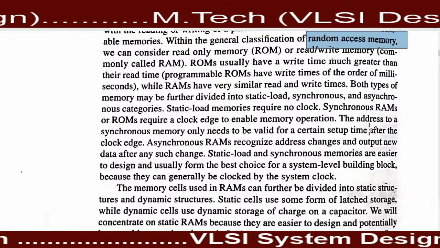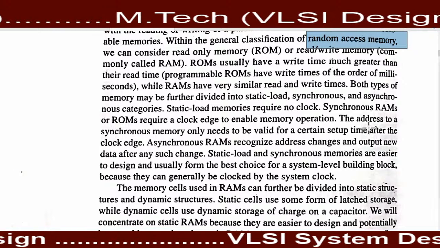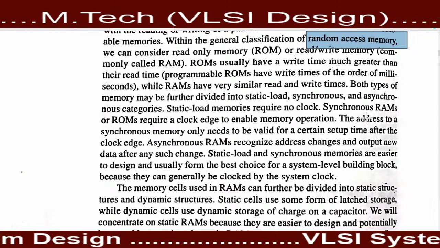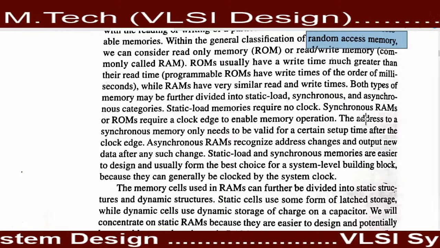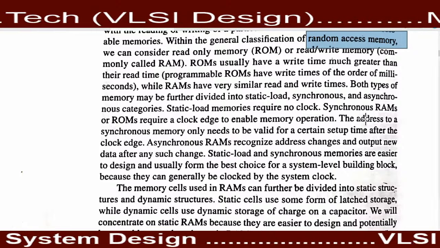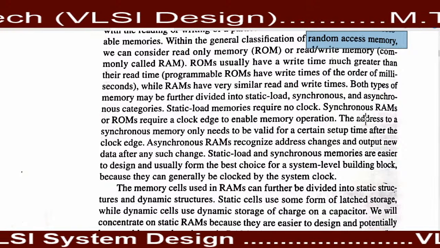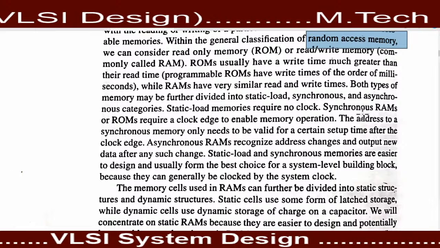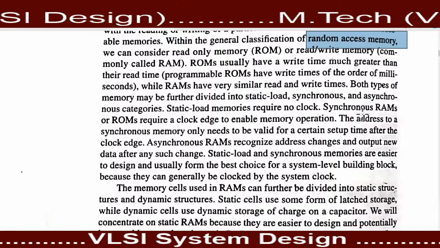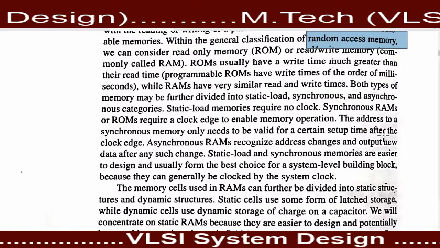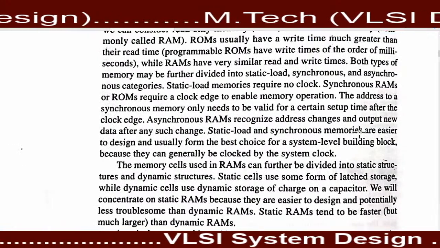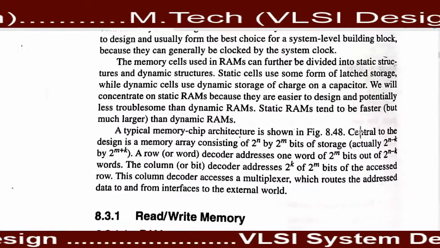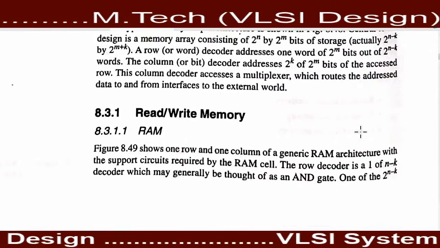When we provide the clock pulse simultaneously to access the data, this type of memory is known as synchronous random access memory. But when we provide the clock pulse serially, this type of memory is known as asynchronous random access memory. So these are the basic classifications of random access memory.